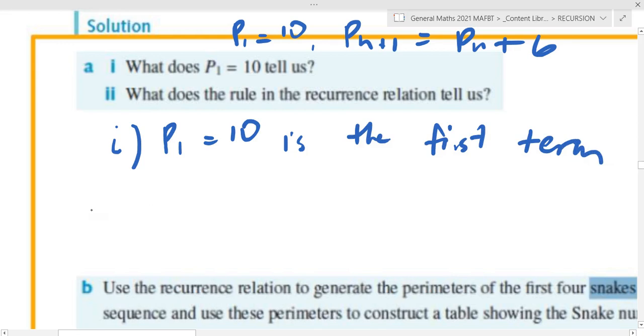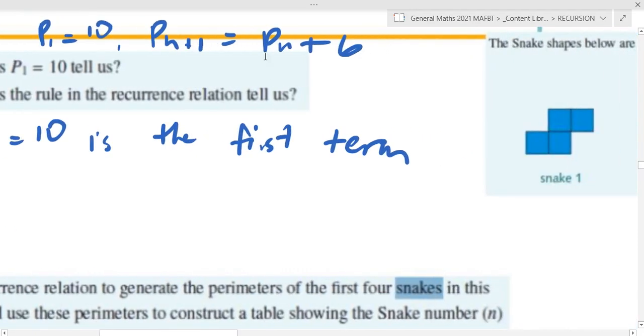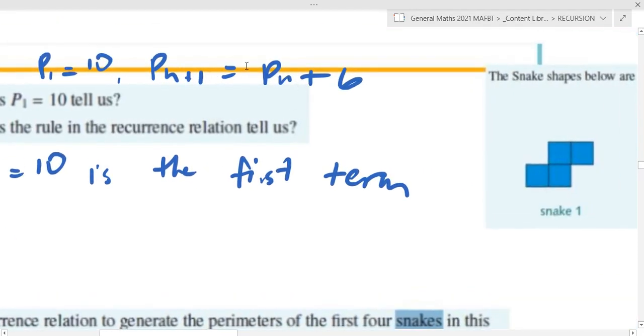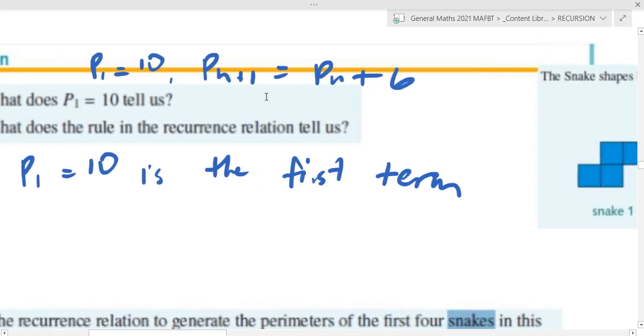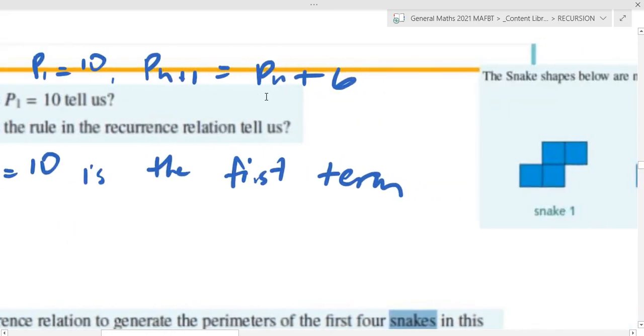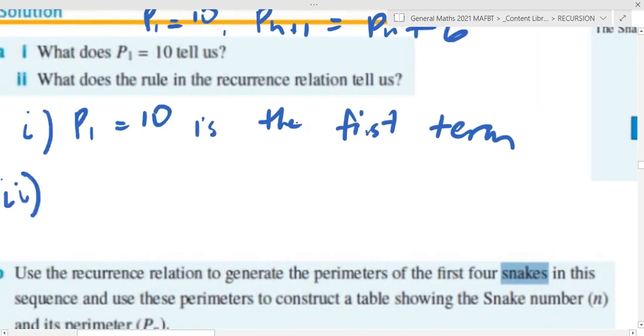Okay, part 2, what does the rule tell us? So this rule here, Pn plus 1 equals Pn plus 6. What does that mean? What is that saying? To get the next term, what are you doing? You add how much? 6, that's it.